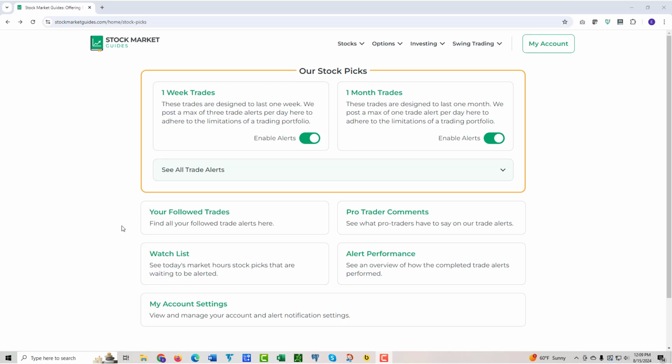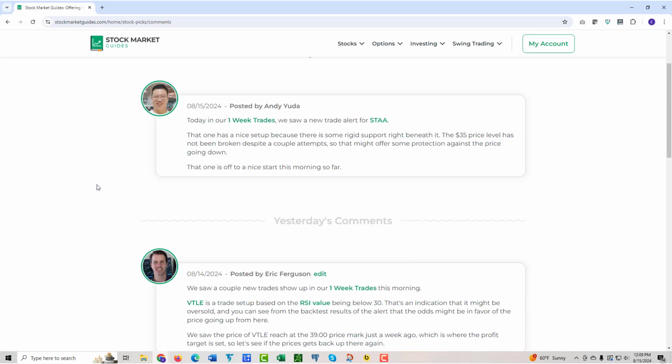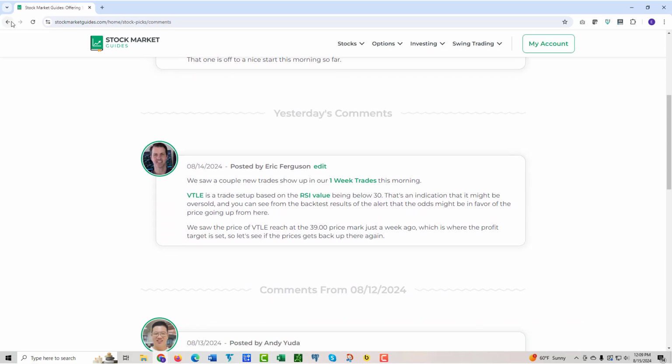When you get a trade alert, if you make the trade in your own live trading account, you can click the follow button on the trade alert itself, and that way you'll be notified when that trade reaches its end time or its end price. Here we have commentary that's provided by our resident trading experts. As new trade alerts come out, you can expect to regularly see commentary posted by our team here.